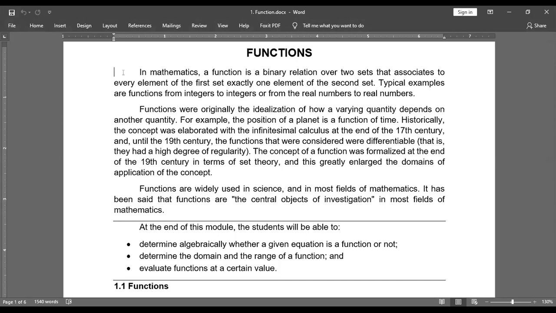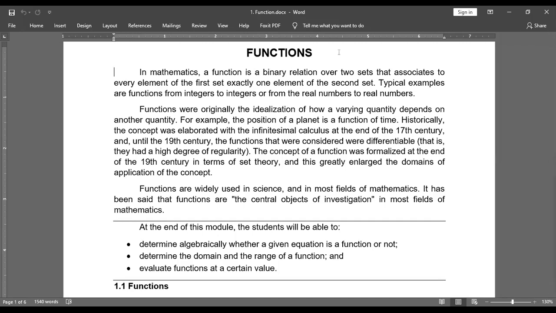For example, the position of a planet is a function of time. Historically, the concept was elaborated with the infinitesimal calculus at the end of the 17th century, and until the 19th century, the functions that were considered were differentiable. That is, they had a high degree of regularity.